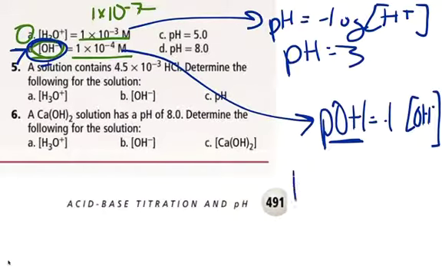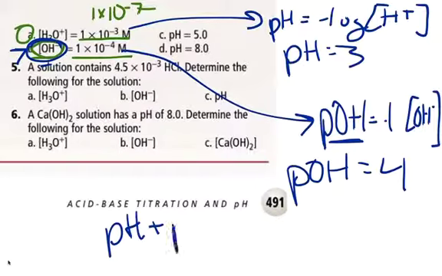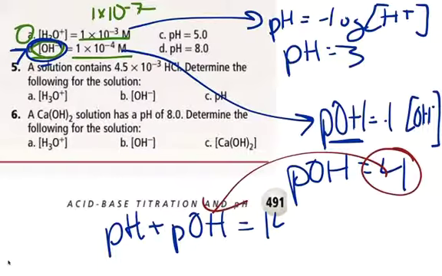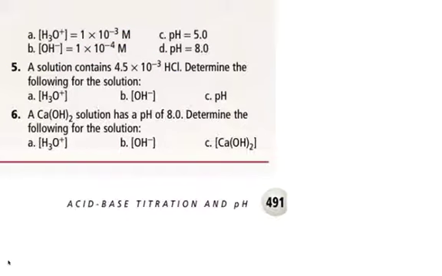So I first have to calculate the pOH. The pOH of that value is going to be 4, and if the pH plus the pOH equal 14, and again, my pOH is 4, that means my pH is 10, which again is above 7, so that is a basic solution.